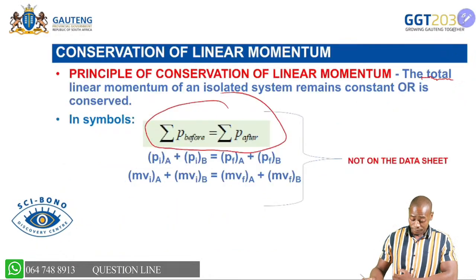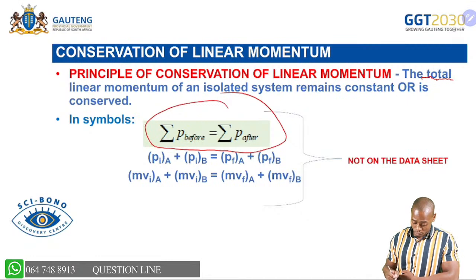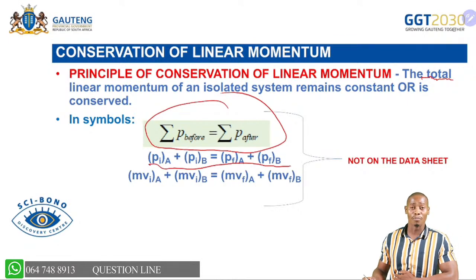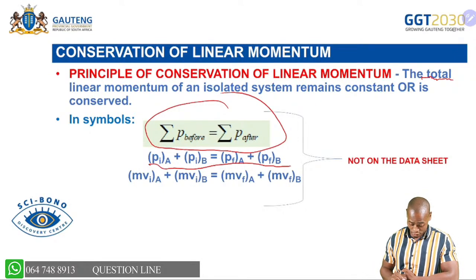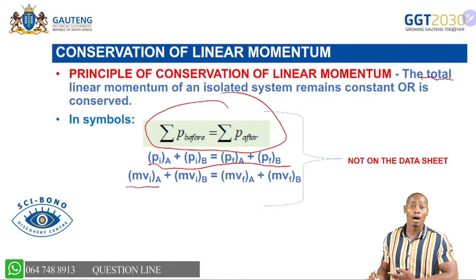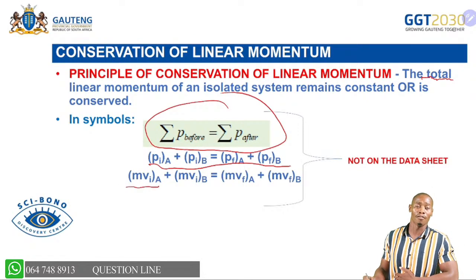Okay, then we can expand that to initial momentum of A plus initial momentum of B equals final momentum of A plus final momentum of object B. In a case where we are not given the momentum, we can expand that to what? To m v i, right? We know how to calculate momentum of a single object.